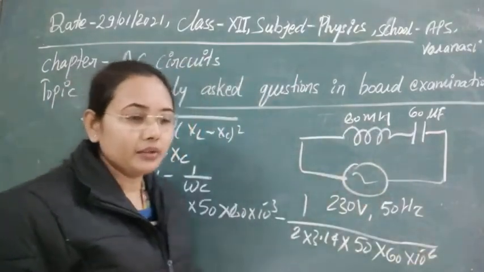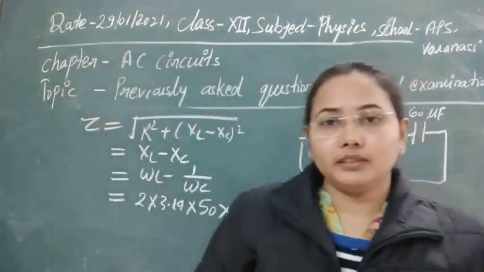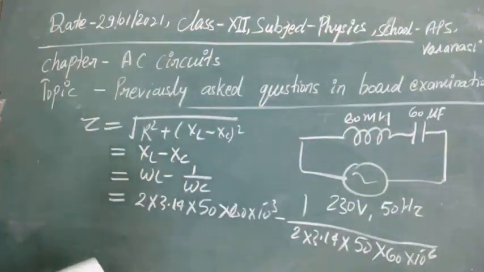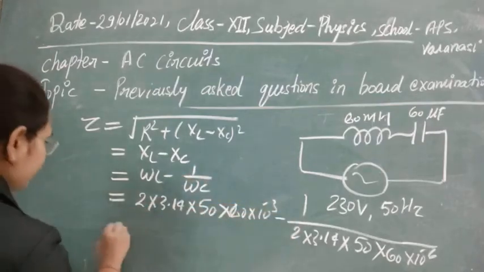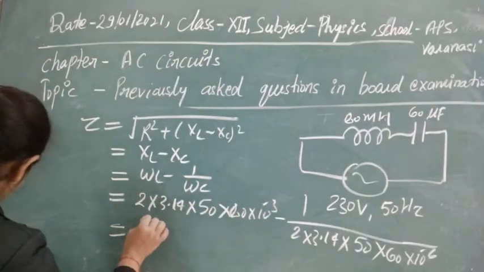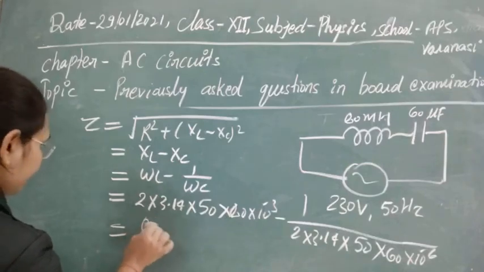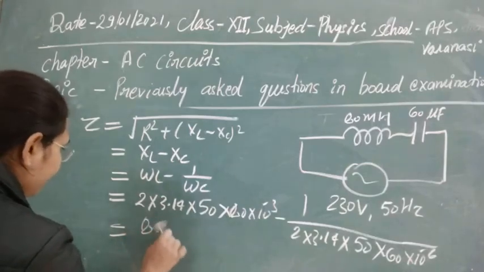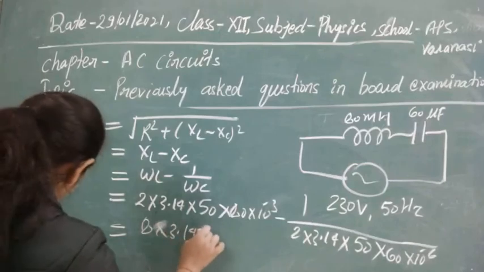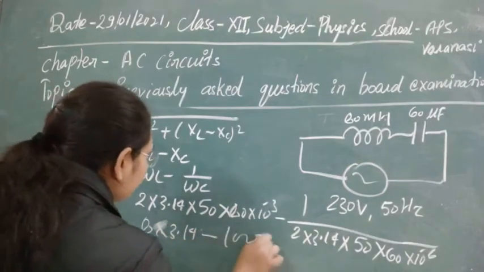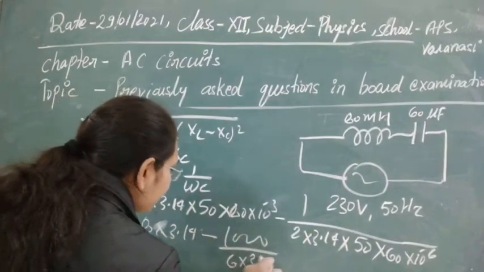That will provide you the value of impedance of this circuit. If you find the value, this is equal to 8 pi, or 8 into 3.14, minus 1000 upon 6 into 3.14.